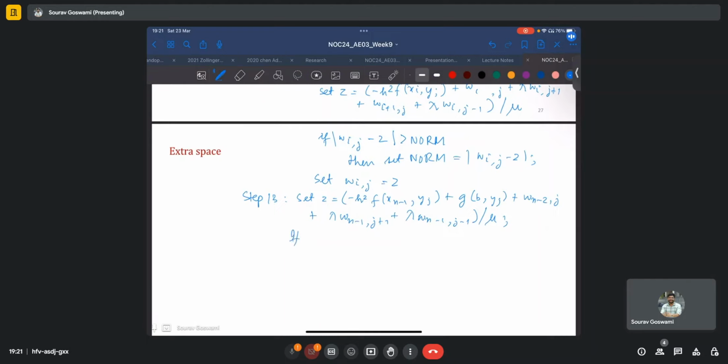We check for the norm. When z is greater than the norm, set norm equal to this quantity w n minus 1 comma j minus z and update the value of w n minus 1 comma j.